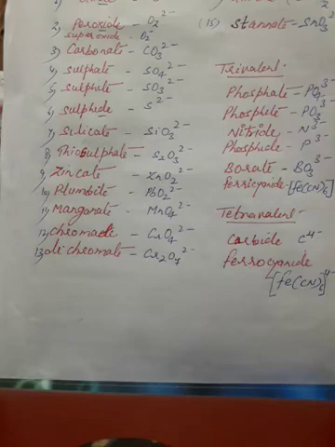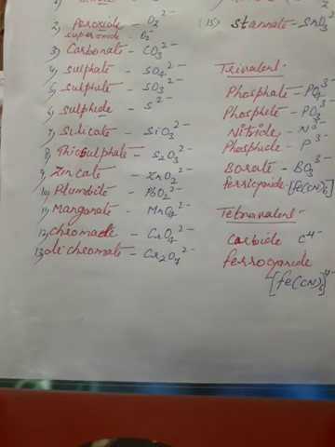Sulfate having 4 oxygen, then sulfite will have 3 oxygen. SO3 2 minus is known as sulfite. And sulfide, when sulfur will gain 2 electrons, it will form sulfide. So S 2 minus is sulfide. So learn together only: sulfate SO4, sulfite SO3, sulfide S. All are having the same valency, 2 minus.